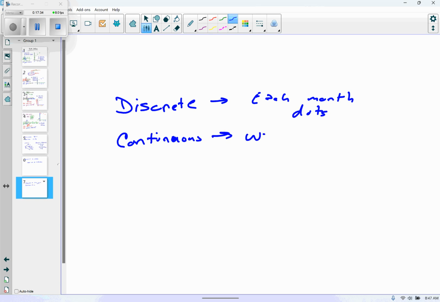Continuous would be like the water. Okay, so continuous, even at the fraction of a second, we would use a line. We would connect our dots to a line. So if we had dots like this, for continuous, we would represent having a line there, or connecting the dots.